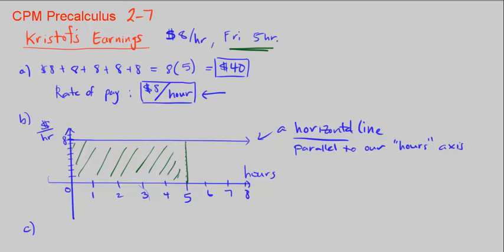Let's go back to our graph and draw the vertical line at 1 hour, 2 hours right here, 3 hours, 4 hours, and 5 hour marks. So how many rectangles is this? This one is 1, this one is 2, 3, 4, 5. So for part C, we get 5 rectangles.